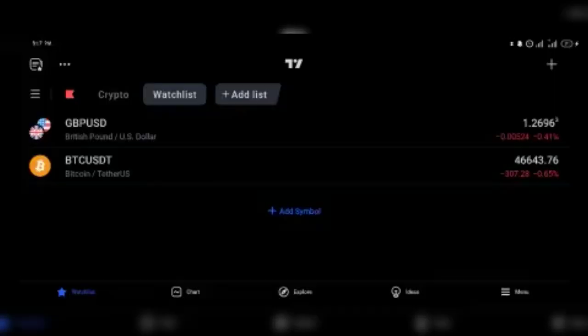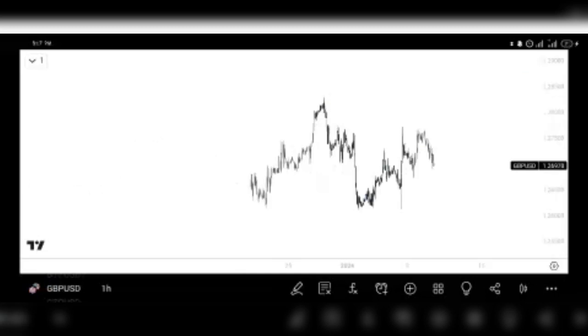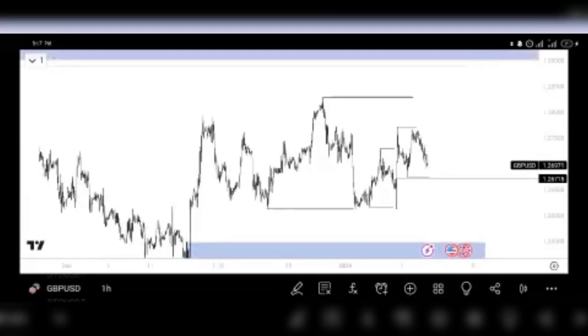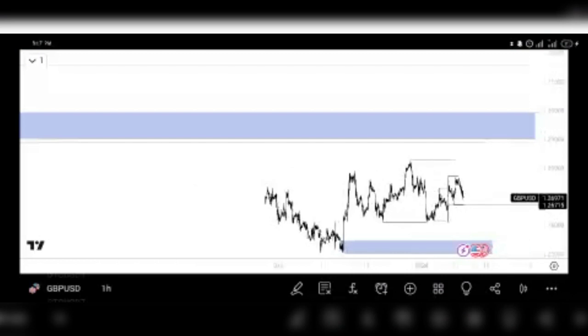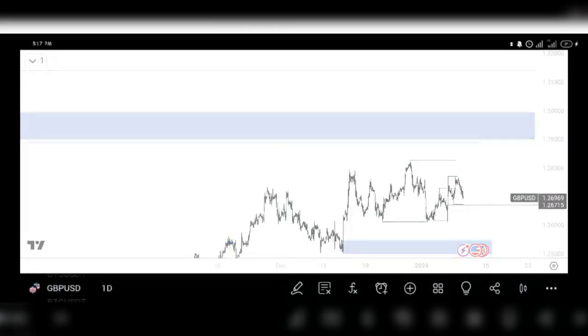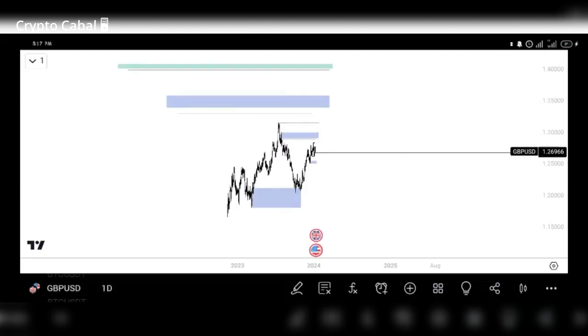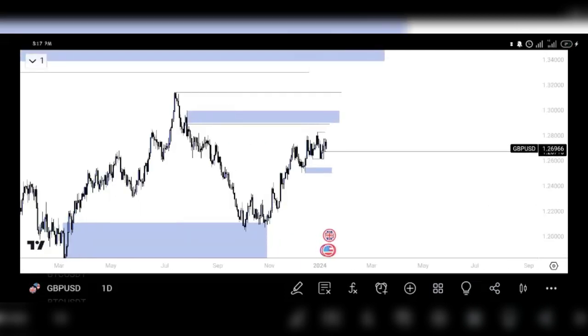Not just Bitcoin, if you check GBP USD, which is the pair I actually trade, I was explaining something the other time, so I had all these markups on my screen, a top-down analysis of GBP USD. Now, looking at GBP USD, what can you see?